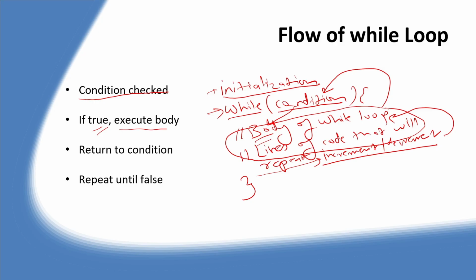So after execution of body, it will go for condition checking again. And once condition is true, again it will execute body. And again after execution of body, it will go to condition. So this cycle continues until the condition is false.